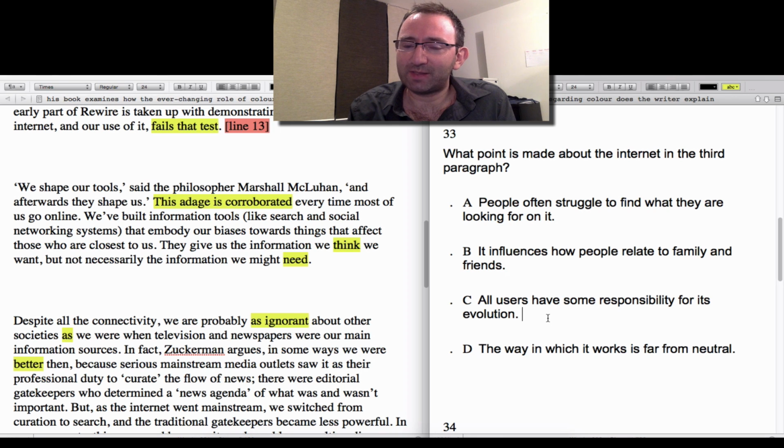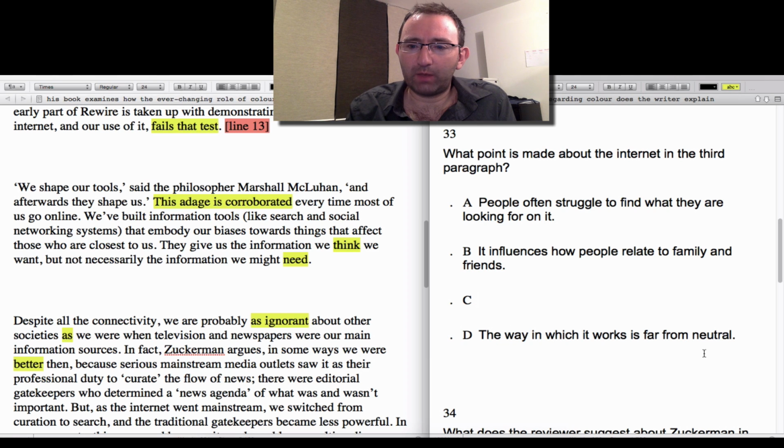Let's try and eliminate some answers first. All users have some responsibility for its evolution. No, that's not the point. Delete. The way it works is far from neutral.